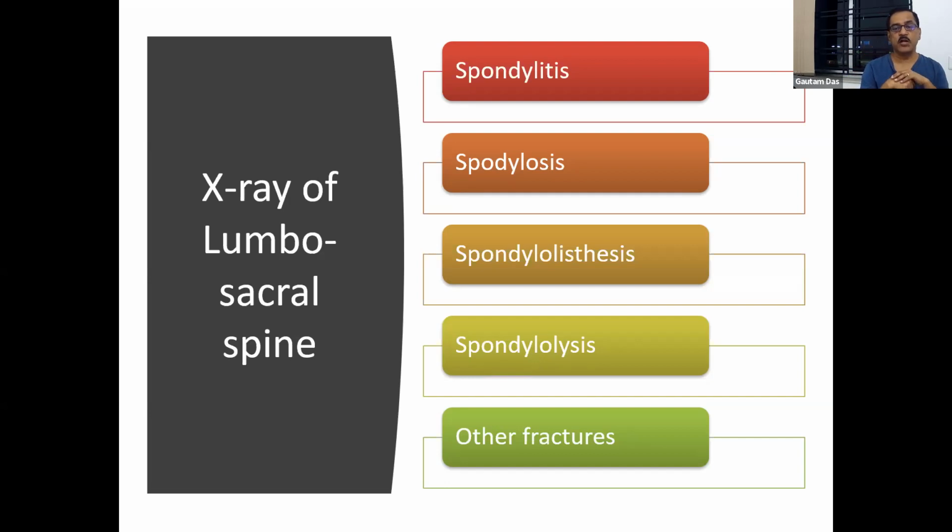Then comes spondylosis. What is the meaning of spondylosis? Okay, first of all, let me talk about spondylitis. Spondylitis, particularly ankylosing spondylitis, can be diagnosed by X-ray. The features: we can see sacroiliac joint inflammation, sacroiliitis. I'll be coming to this picture later on. Bamboo spine is a very late feature. Before that, we can get squaring of the vertebral body.